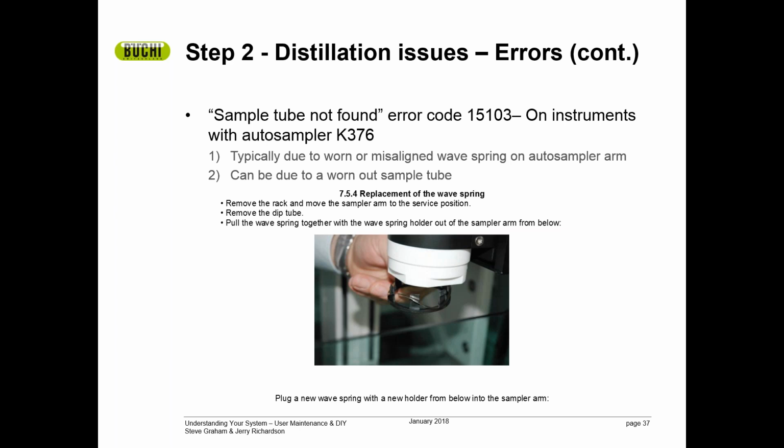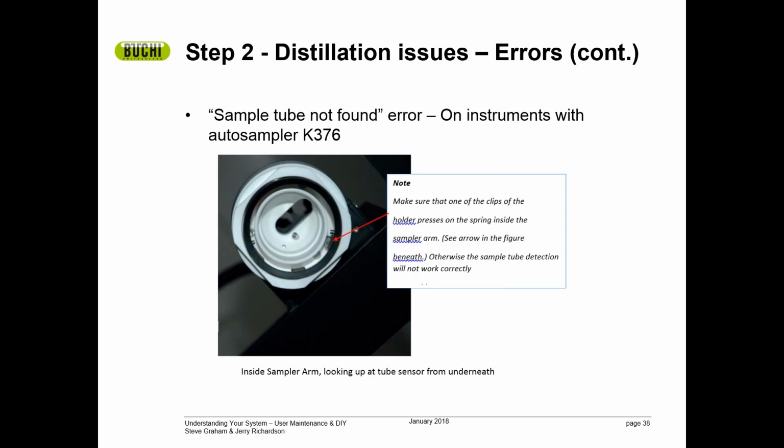In this picture, we're seeing the actual sample tube and the wave spring at the bottom of the sample tube. On the next picture, we're looking up at the bottom of the sample tube arm. And this is a very simple process to change this wave spring.